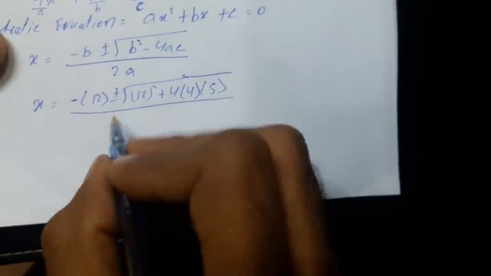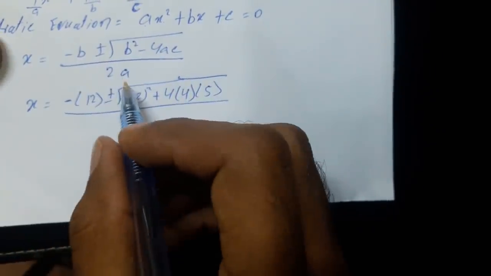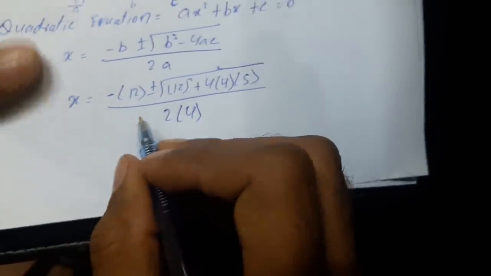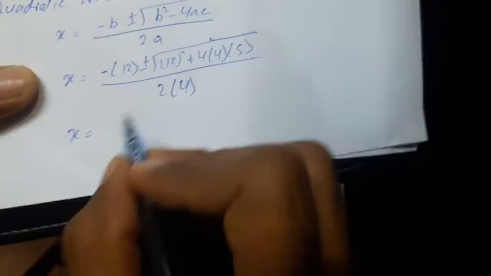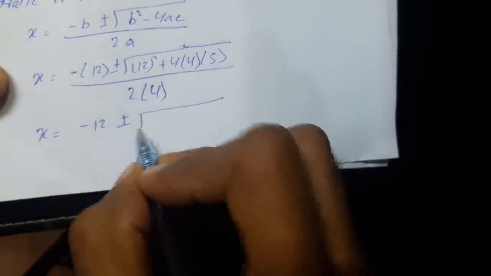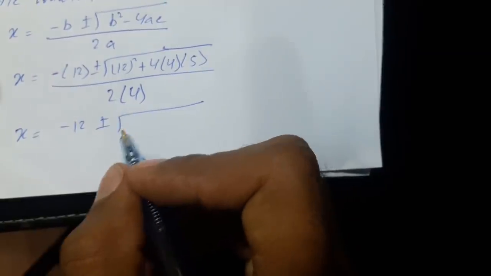Okay, so now 2 multiplied by a, where the value of a is 4, so 2 multiplied by 4. So x is equal to minus 12 plus minus square root of 12 square, which means the value inside the square will be multiplied by the same value.